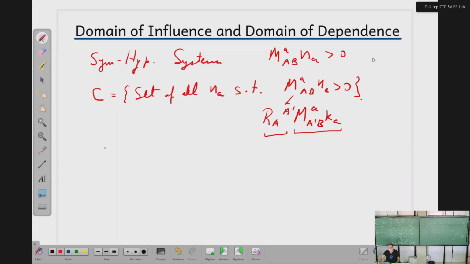For instance, in Maxwell's equations, if you do the reduction, you have a characteristic that is just this line here. All the planes that go through this line. So all planes like this. But this is inside this one, so the cone is this one here. So it's okay. But there are more characteristics.